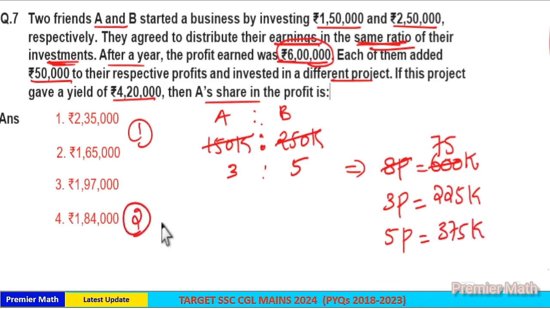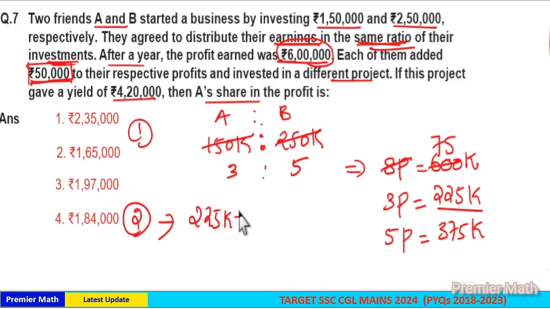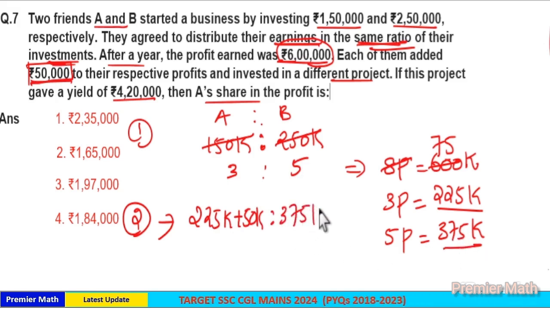Now in the second project, A and B added 50,000 to each of their profit. A earned profit 225,000, so he added 50,000 to it. So 225,000 plus 50,000. And B added 50,000 to 375,000.